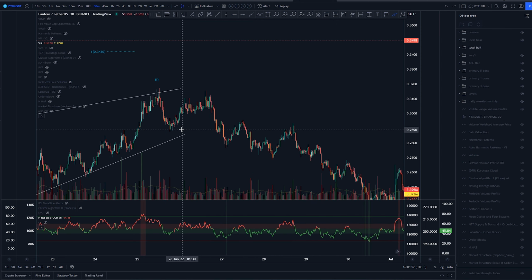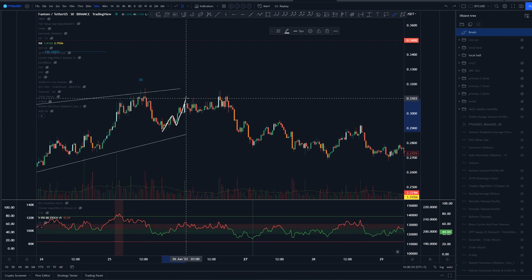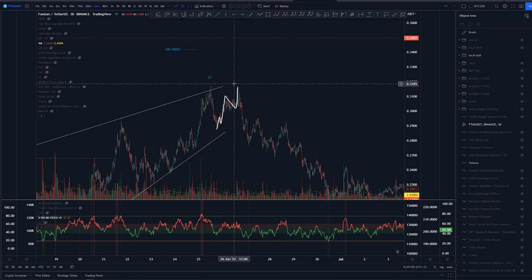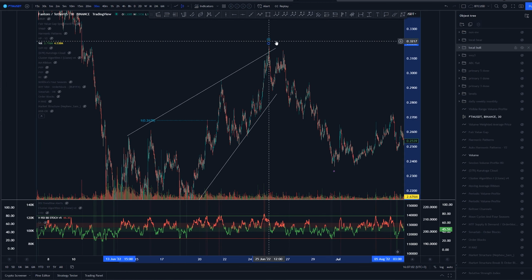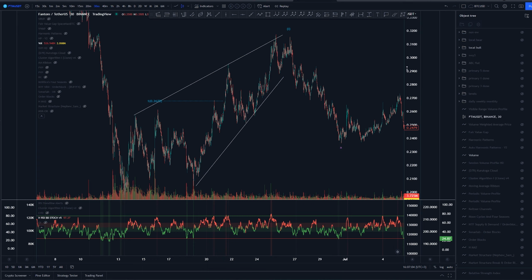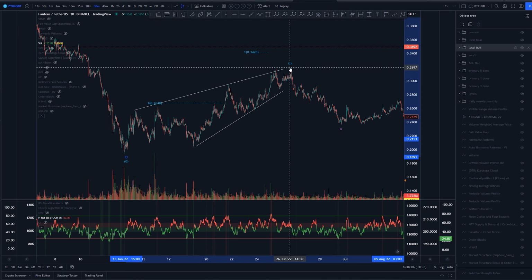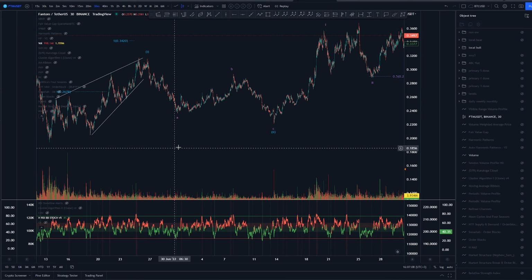So yeah, not perfect at all. So if I had to be looking for a bullish structure, I would be placing the wave 1 up here, and that's the reason behind it.